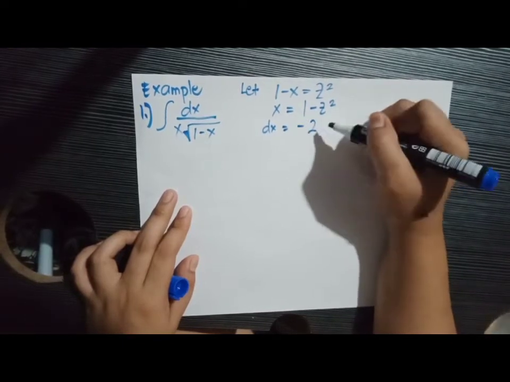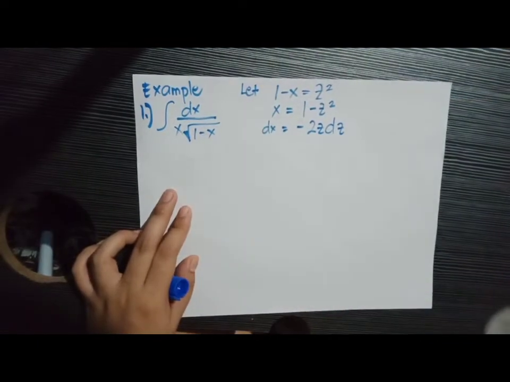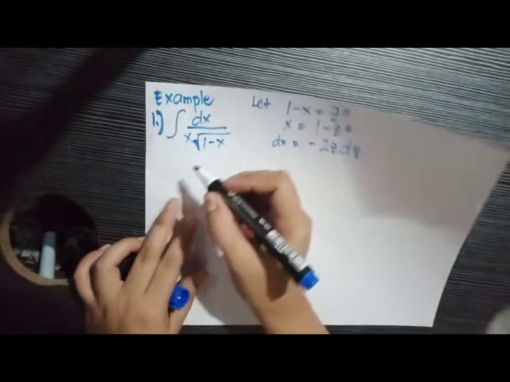Get the derivative: dx equals negative 2z dz.